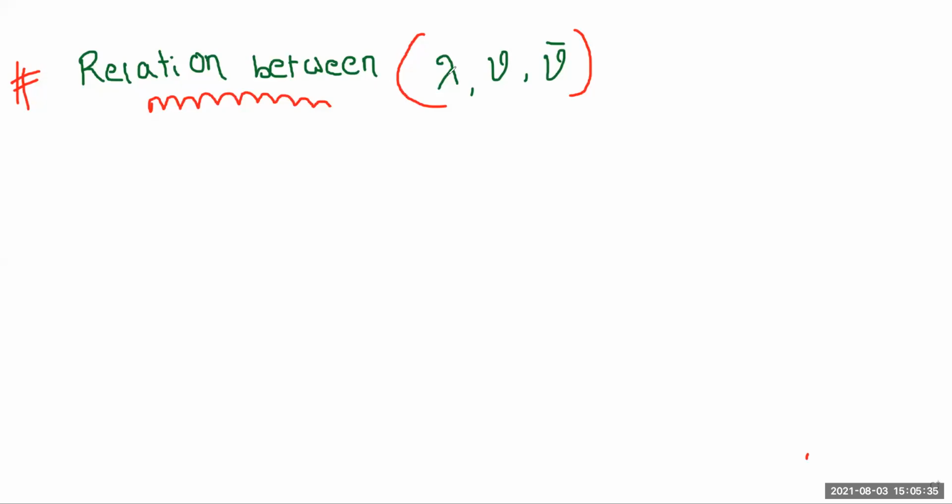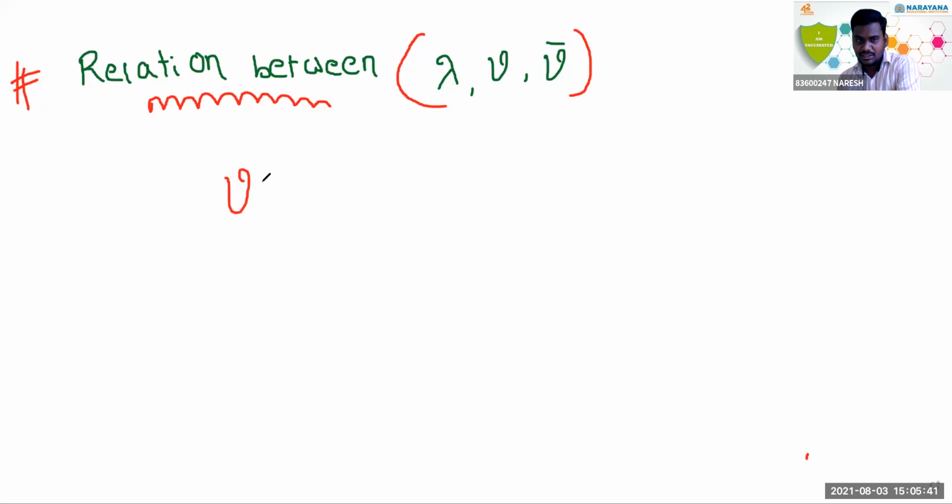From that I am writing lambda nu is equal to, see here, frequency nu is equal to C into nu bar. We know previously that nu bar is equal to 1 by lambda.